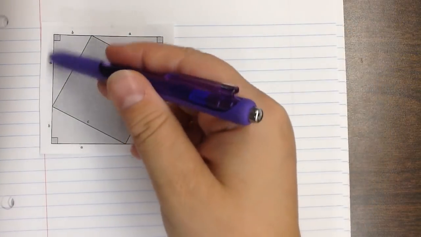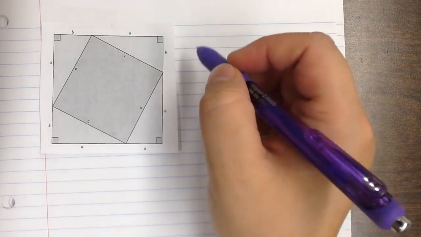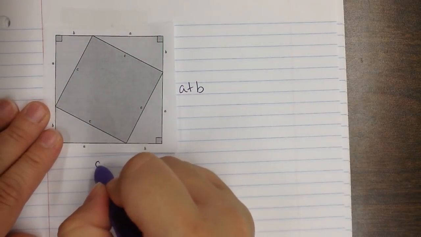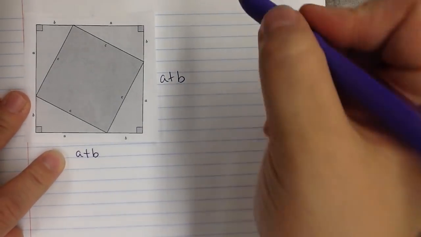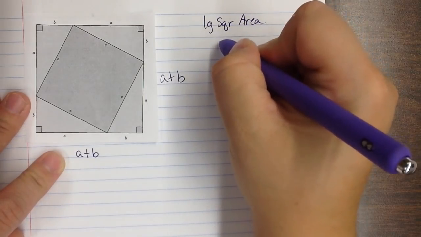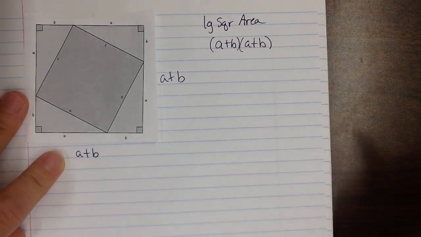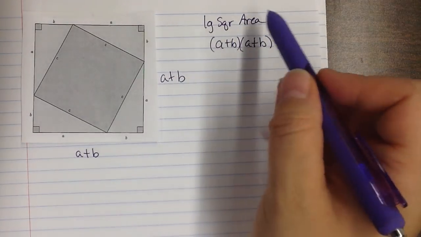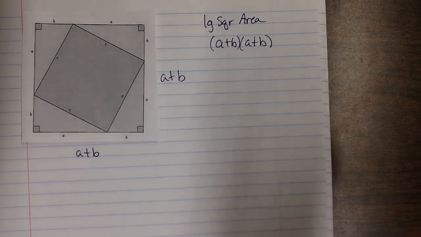So we're looking only out here. The area of a square is the side times the side. So if this side is A plus B, and this side is A plus B, we're going to multiply those out. So the large square area will be A plus B times A plus B. If we multiply this, we would do what we call distribution.